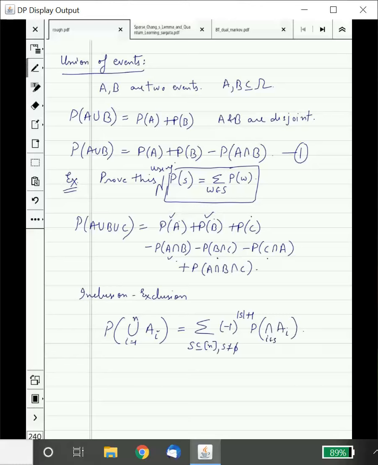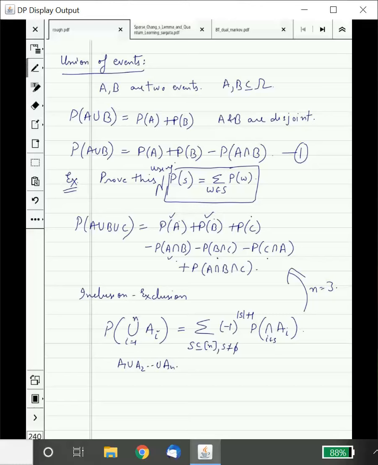If this notation is new, then pause for a moment and just make sure that for n equal to 3, this formula gives rise to this expression. So I'm just writing this formula more generally with a new notation. So it should be fine to you. It is just I'm calculating A1 union A2 union A3.